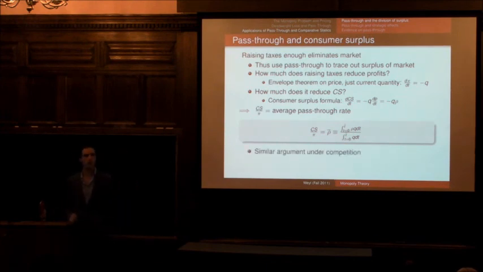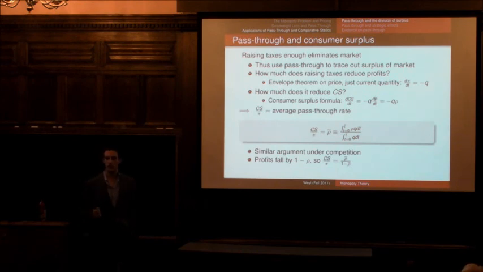Now you can use a similar argument under perfect competition, right? So when we impose a tax on a perfectly competitive industry, how much of that is borne by the industry? Well, remember that if the industry is perfectly elastic, they bear none of the tax. So if the pass-through is equal to 1, then they bear none of it.